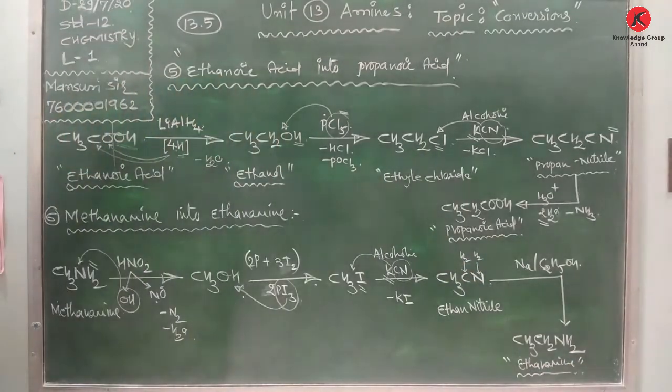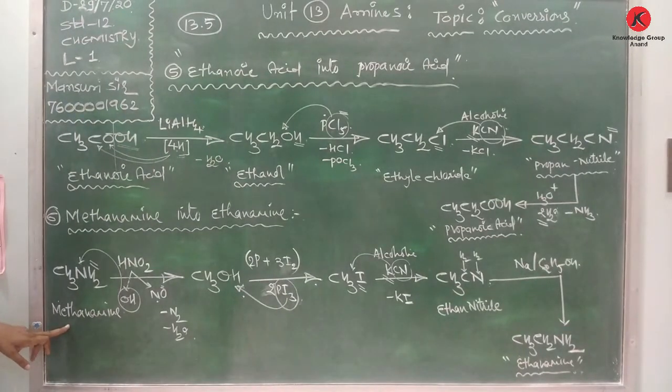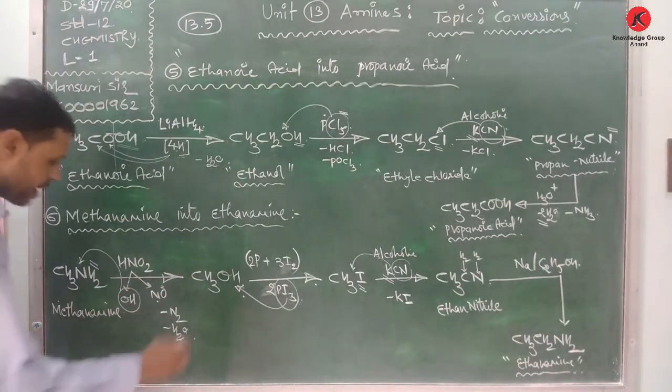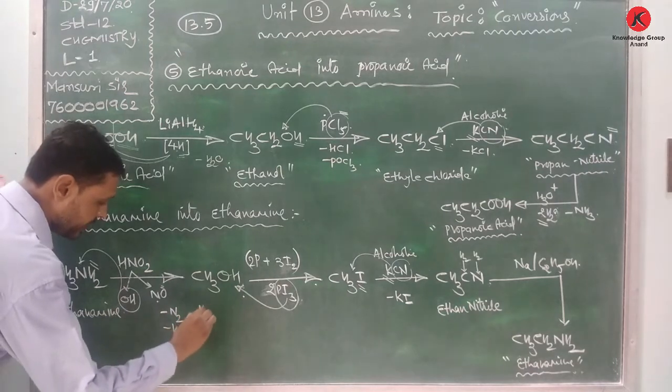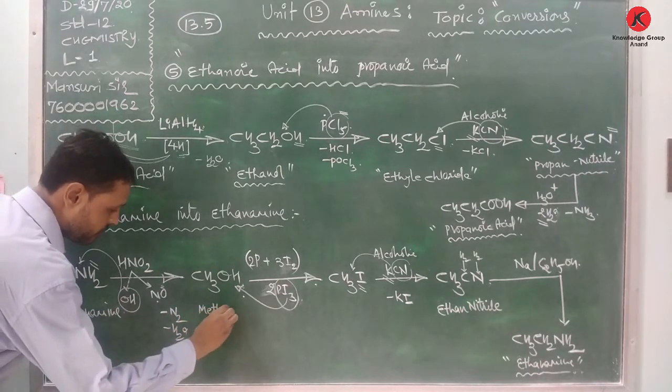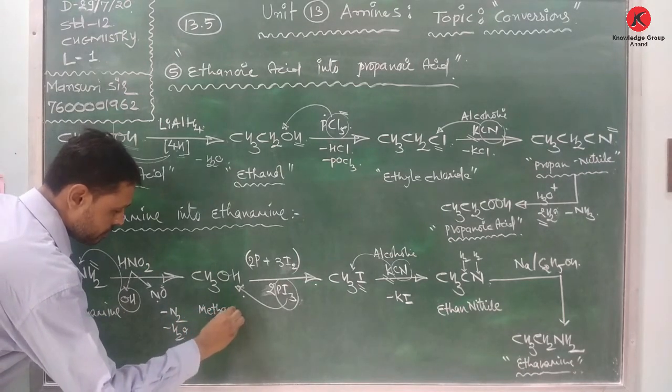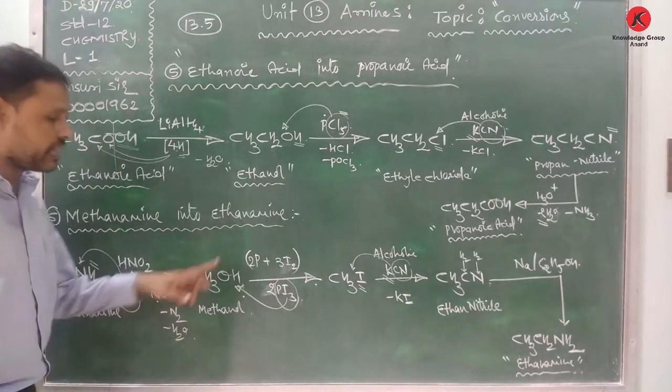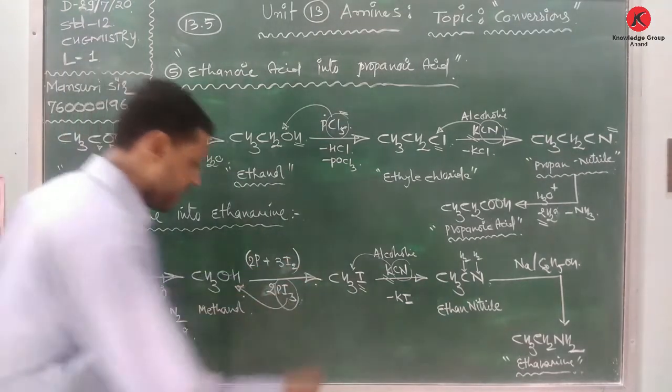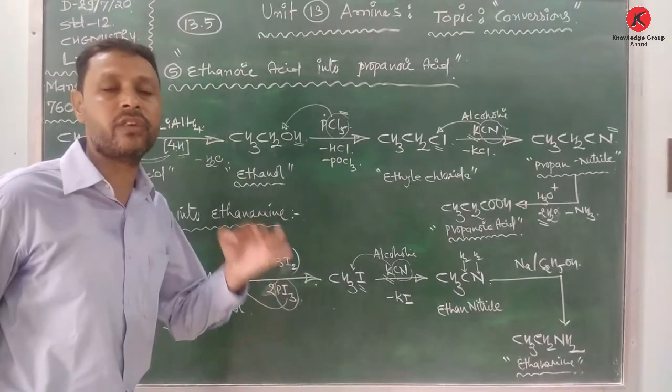So here we can say that methanamine is converted into methanol by using nitrous acid. Thereafter methanol is converted into methyl iodide by using the mixture of phosphorus and iodine.